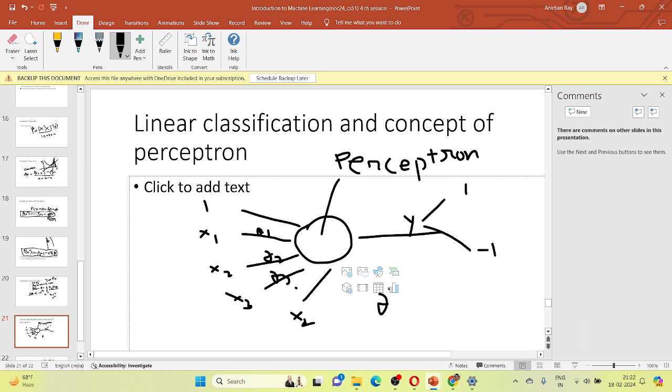So what you can write is theta transpose x plus b, where I'm writing b here as the bias term. This is our hypothesis.